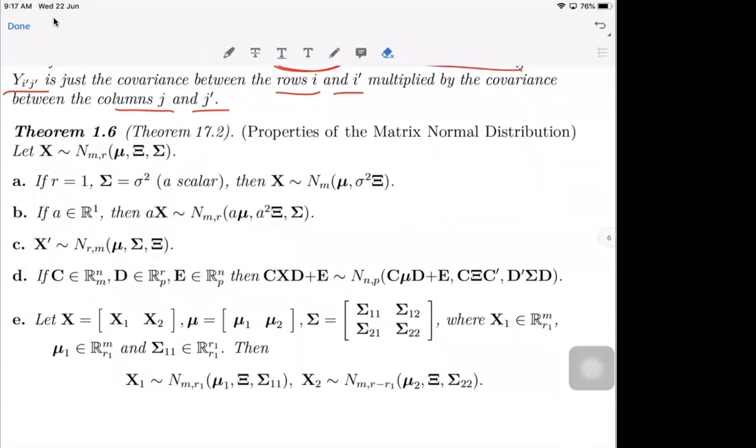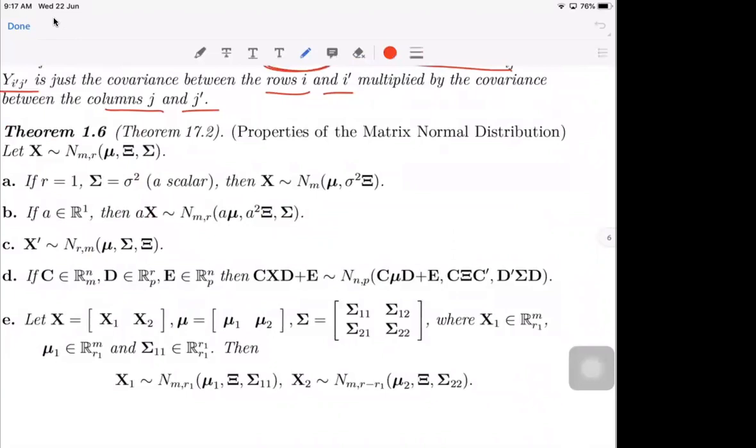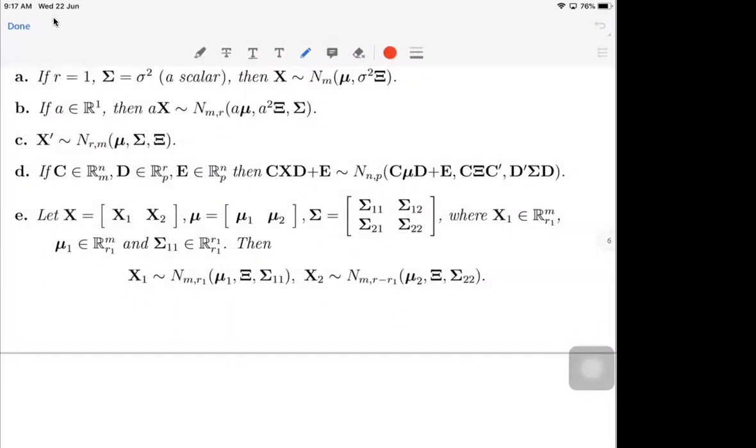Okay, and another result is this. So if you do a transformation on X by pre-multiplying it by C and post-multiplying it by D and adding a matrix E. So this is the transformation.